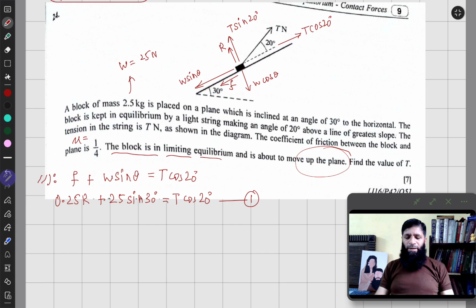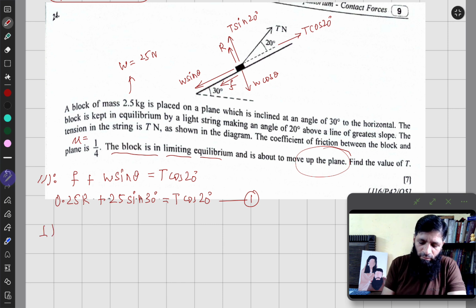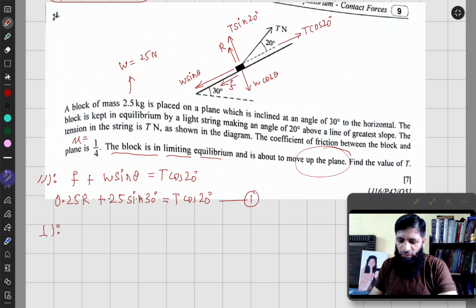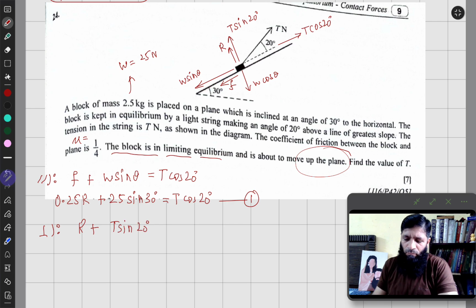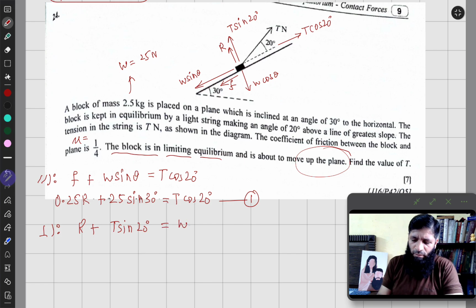Now we will make an equation for the perpendicular forces. For perpendicular forces, you have three forces. Two forces are upward and one is downward. The upward forces are R plus T sin 20, and the downward force is W cos theta.